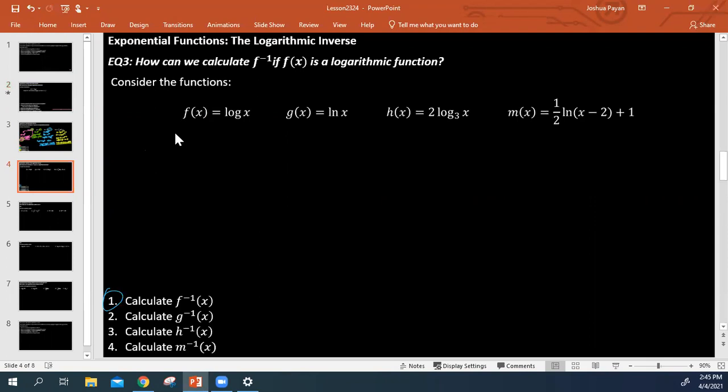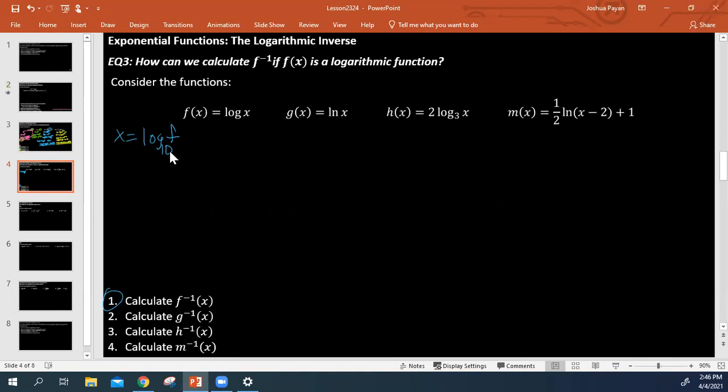So I want to find f inverse. So I'm going to go ahead and flip. So I'm going to have x equals log of f. Okay, and again, there's no base here, so we automatically know it's assumed to be base 10. I'm going to rewrite that as 10, just so we have the visual, right?